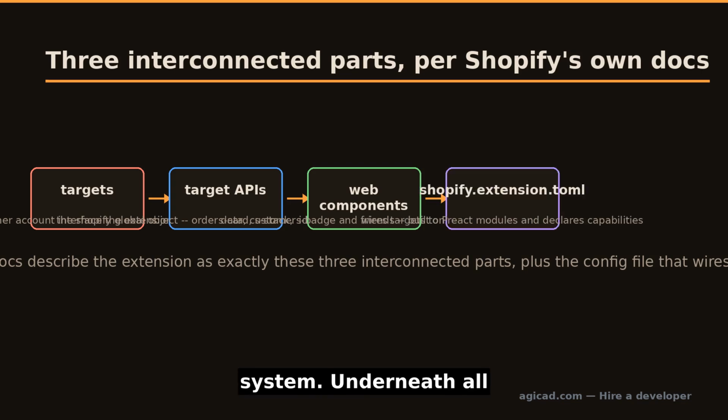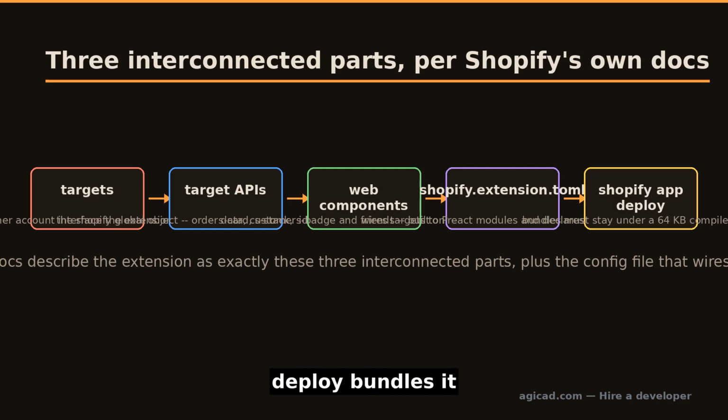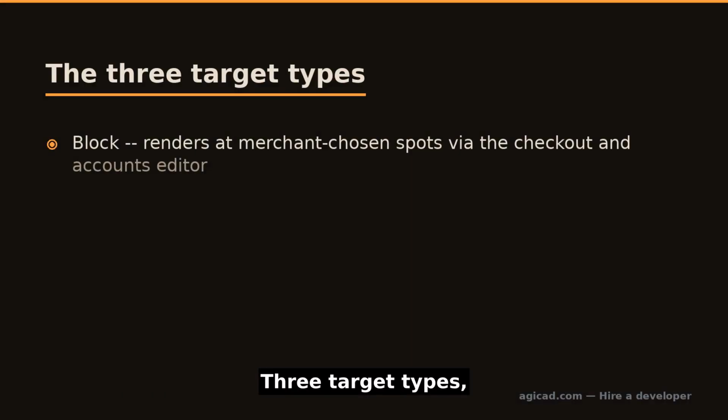Underneath all 3 sits the config file, shopify.extension.toml, which wires specific targets to specific module files. And none of it ships anywhere until Shopify App Deploy bundles it with a real, documented hard limit of 64 kilobytes per compiled extension.